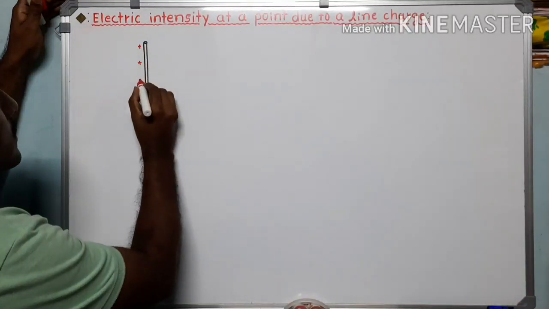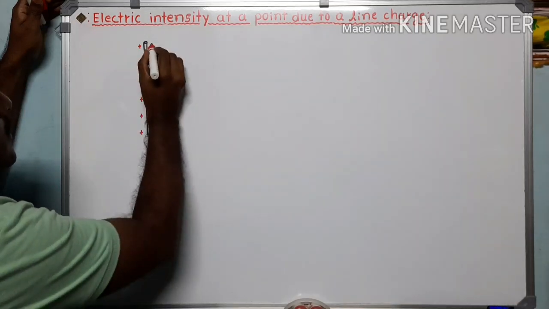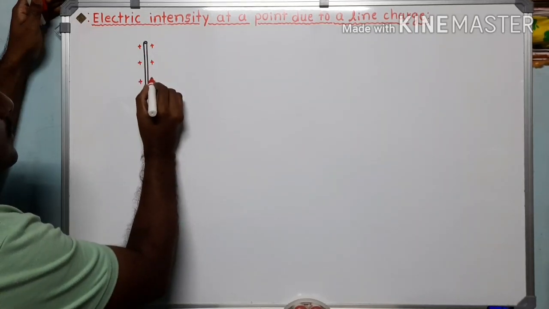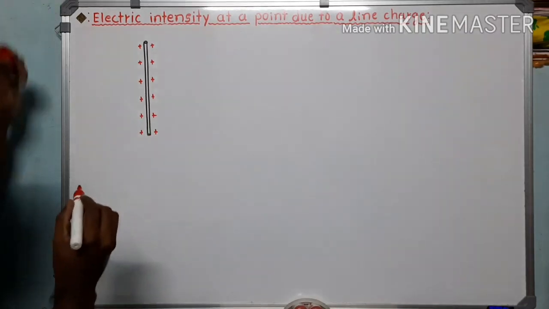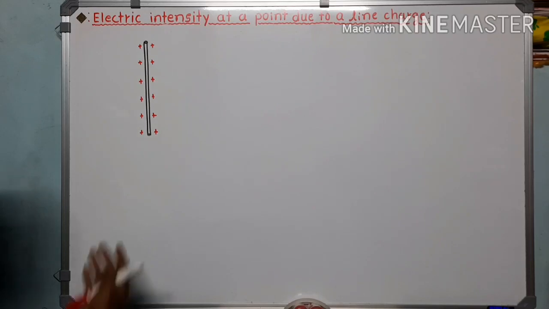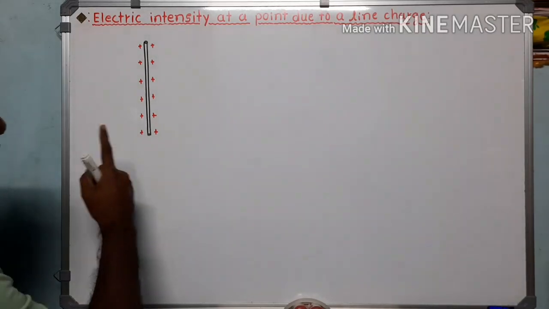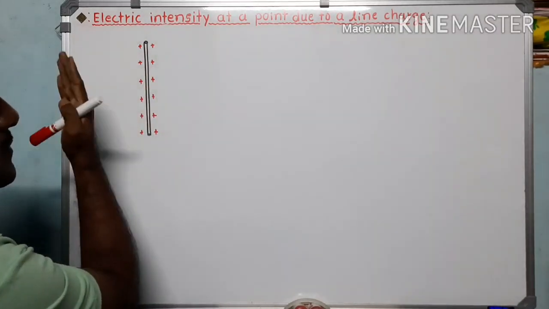Plus, plus, plus, plus, plus. Here, this is a charged wire, also called line charge. Since the wire is charged, it has an electric field around it.